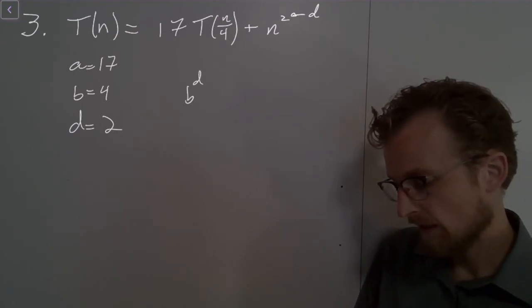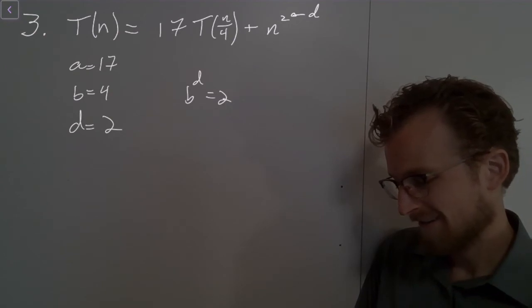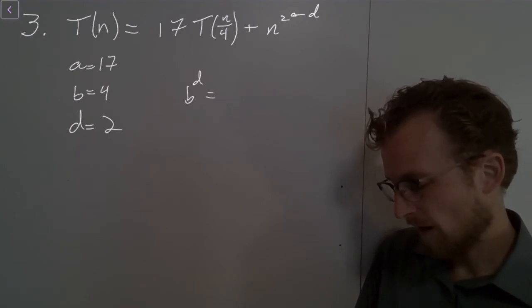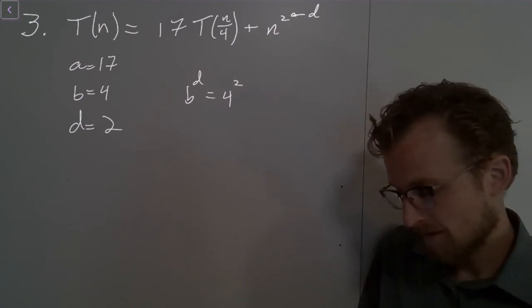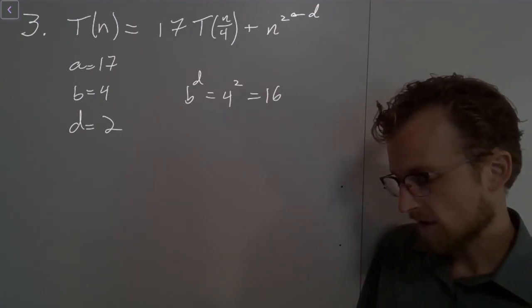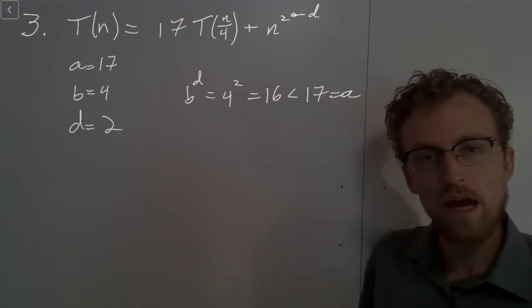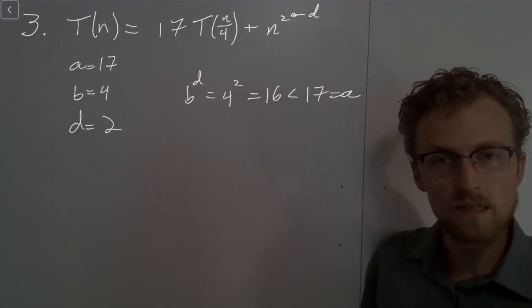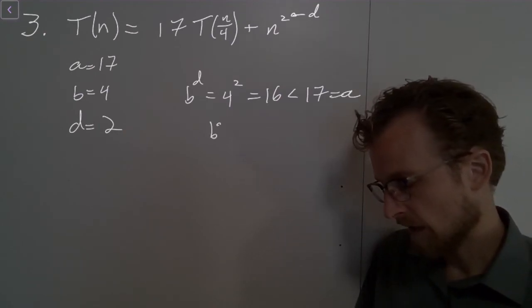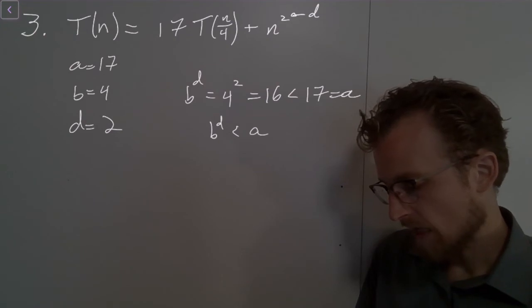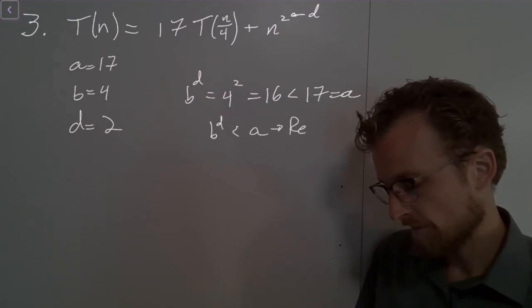So b to the d is 4 to the power of 2, so 4 squared is 16, and that's just subtly less than 17, which is a. So again, we have a larger than b to the d, which means we're recursion dominant.